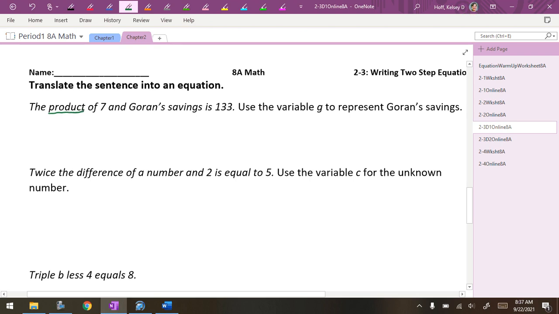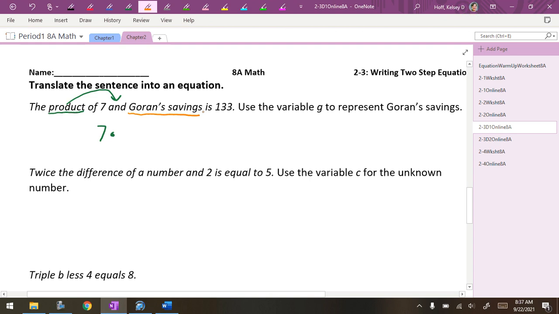Nope, multiply. Now, here's one of those weird times, right? It's way at the beginning. So what word am I looking for? And. Wherever and is, that's where we're going to multiply. So they want us to multiply what? 7 times Goran's savings.